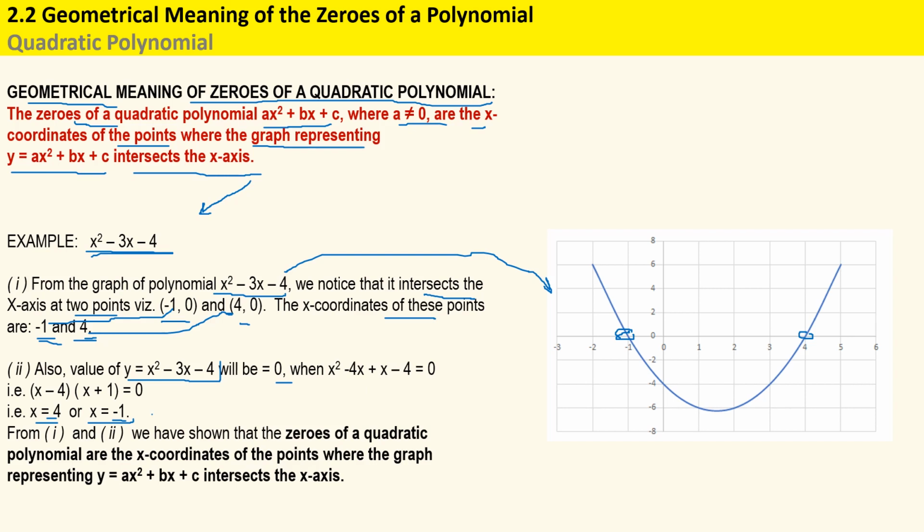And from statement 1 here, we notice that these values are nothing but the x coordinate values for the points where the graph of this polynomial intersects. So we have shown from these statements 1 and 2 that the zeros of a quadratic polynomial are the x coordinates of the points where the graph representing y equals ax squared plus bx plus c intersects the x-axis.